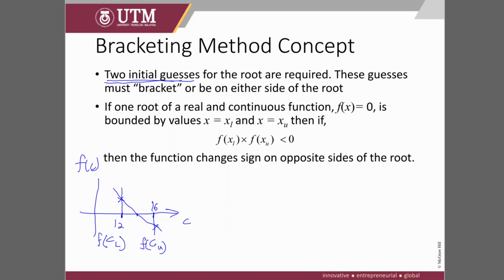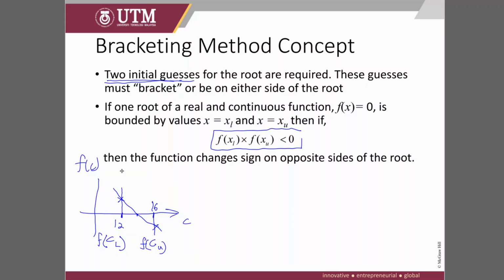So the product of that result is a negative number. If the product of the two bracket values is negative, then there exists a root between the lower and the upper guesses.